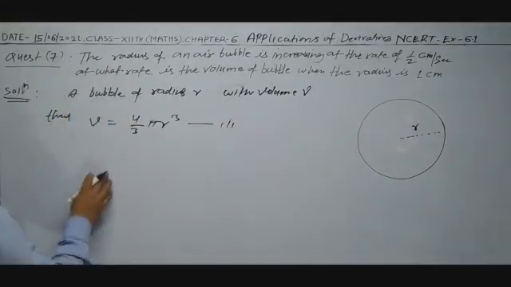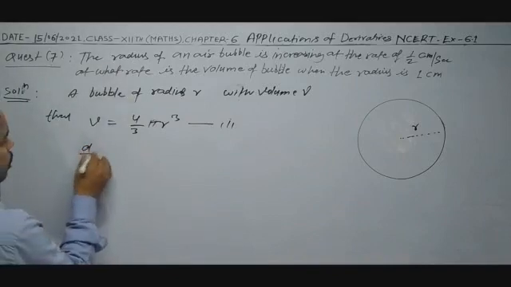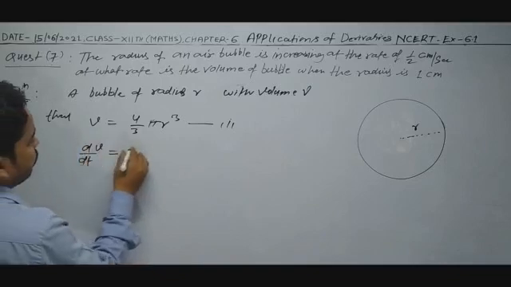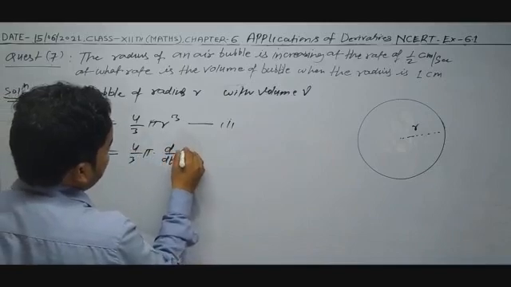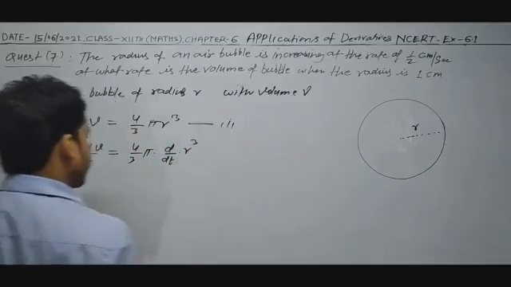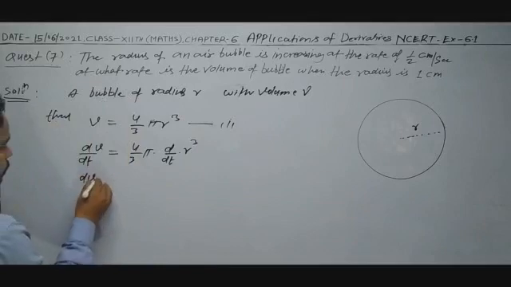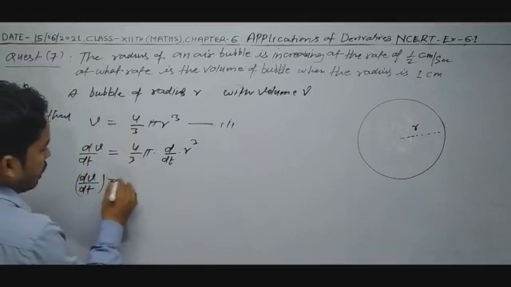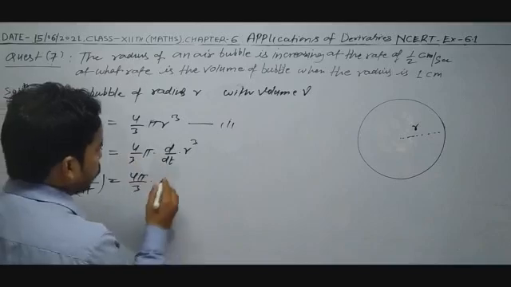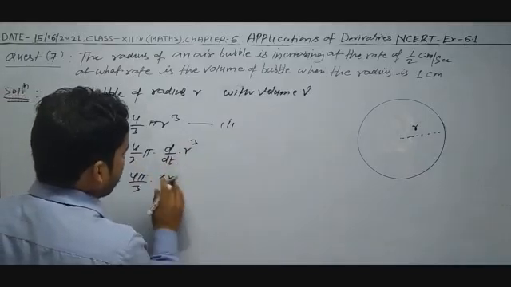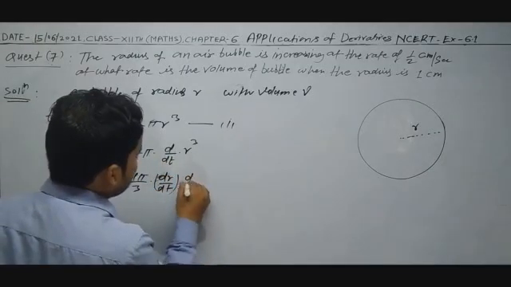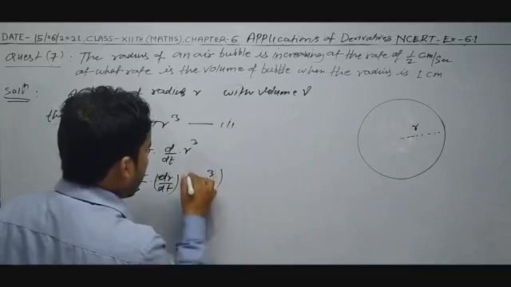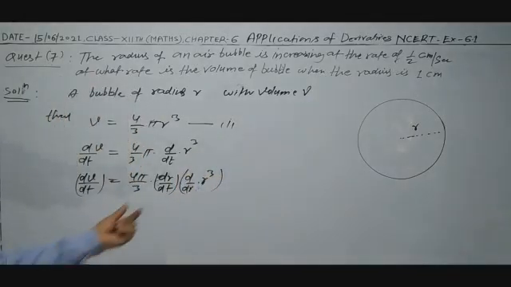And we have to find dV by dt, means operate d by dt on both sides. So dV by dt is equal to 4/3 pi into d by dt of r cube, and dV by dt is equal to 4 pi by 3 into, now you can write dr upon dt into d by dr of r cube, and you know its value is 3r square.